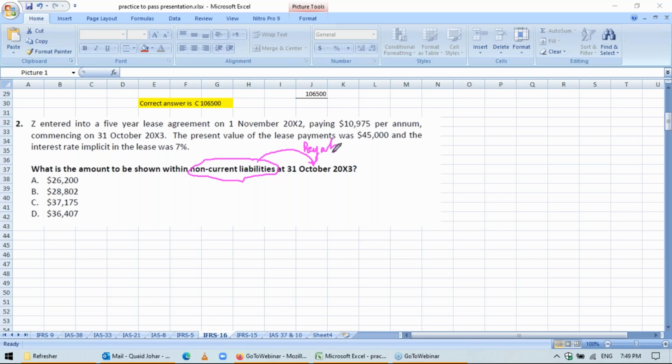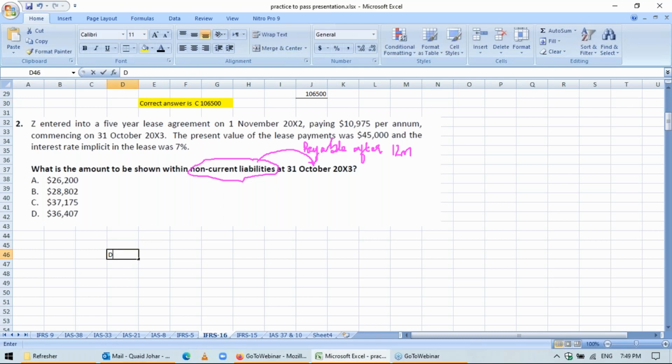But we want the amount payable after 12 months of this date. So let's calculate the amount that will be paid after 12 months of the reporting date. So let's make a working.